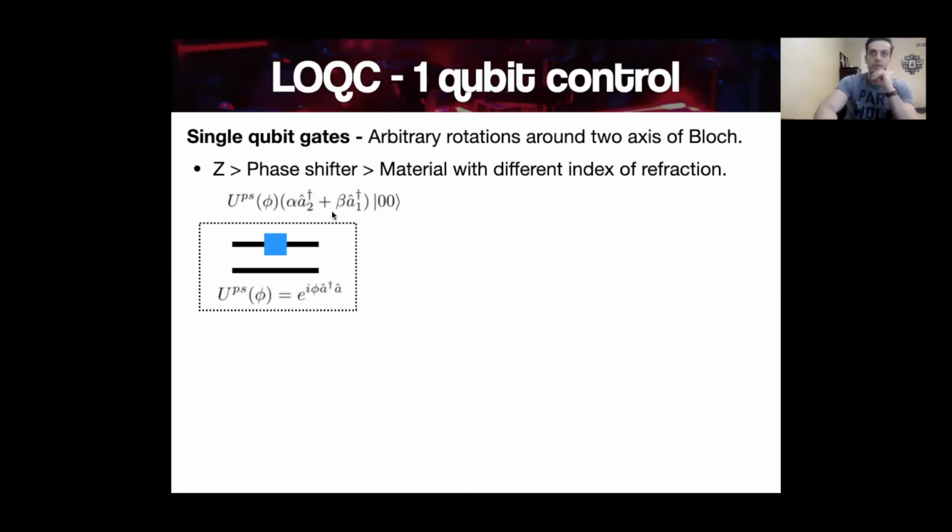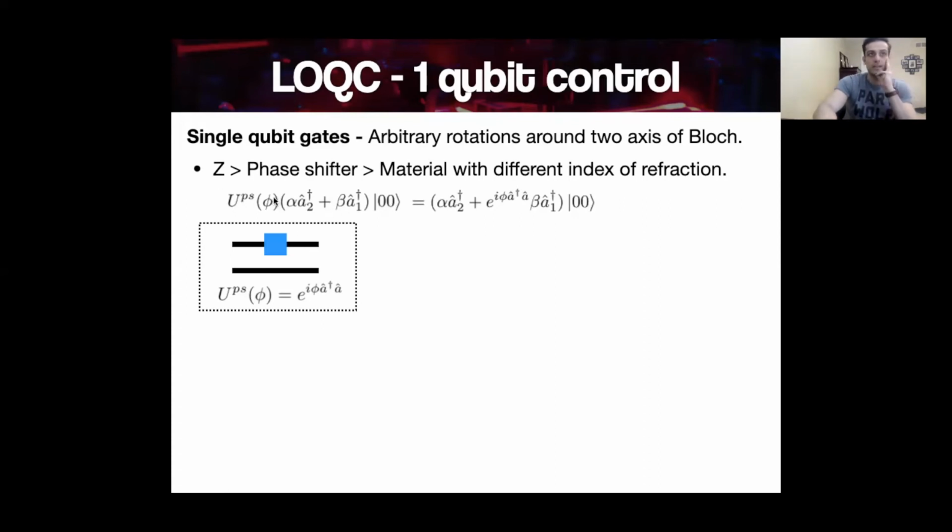Maybe the other order would have been nicer, but this is just a photon on each of these rails. It could be some superposition, with some factor of them with the alphas and betas in front. So we have our superposition of a photon in the first rail and the second rail here.